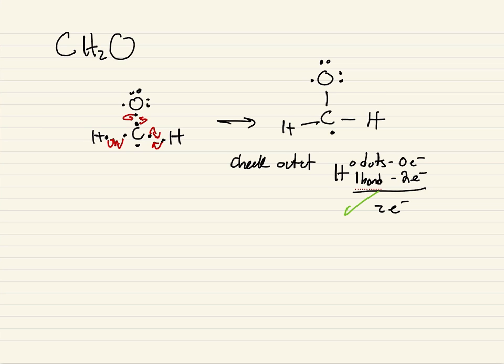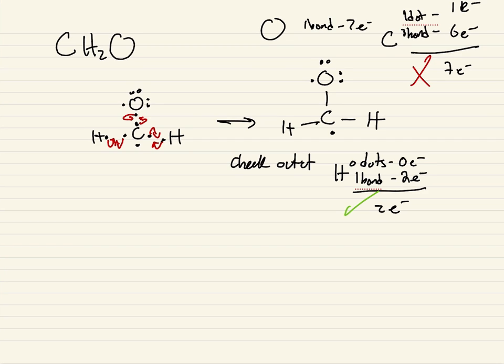Let's check carbon now. Carbon has how many dots? 1 dot. How many bonds? 3 bonds. So how many electrons in bonds? 6 electrons. How many in dots? 1 electron. So how many electrons total? 7 electrons. So does it satisfy the octet rule? Nope. And what about oxygen? How many bonds? 1 bond.